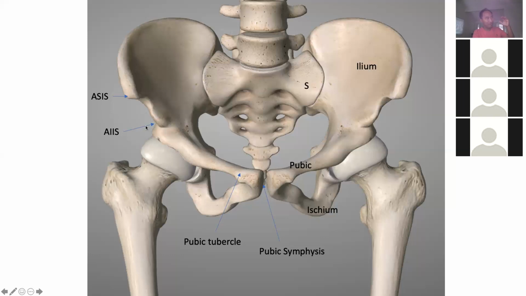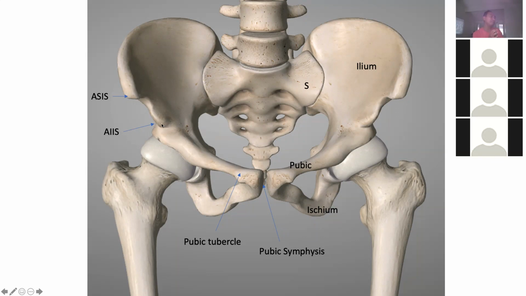Superior, because it is above, because we have the inferior, lower one here. Iliac spine, that is the spine of the ilium. It is in the front and it is the upper one: anterior superior iliac spine. Then the bone goes back in and comes back out again, another pointy bit, which we call anterior inferior, because this is superior, above, and this is below, so inferior: anterior inferior iliac spine.